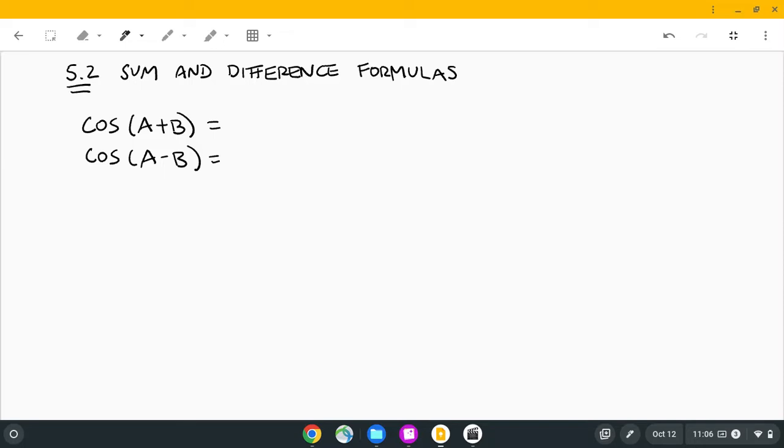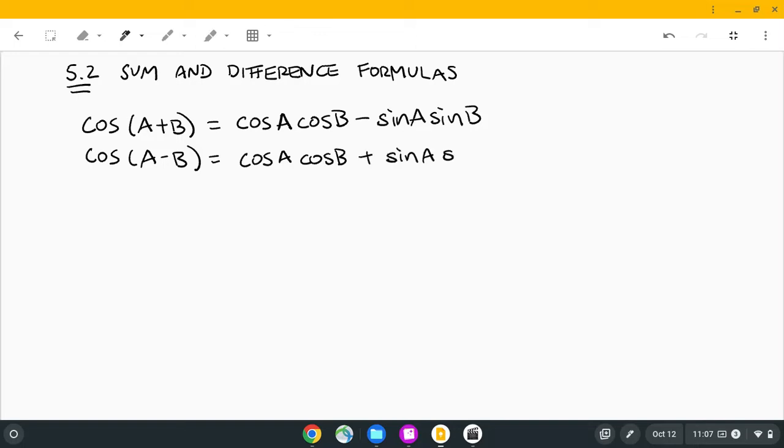Cosine of a plus b is the cosine of that first angle, A, times the cosine of that second angle, B, minus sine of A times the sine of B. And the difference formula: cosine of A minus B is cosine A cosine B plus sine A sine B.